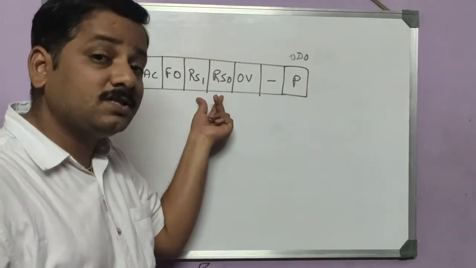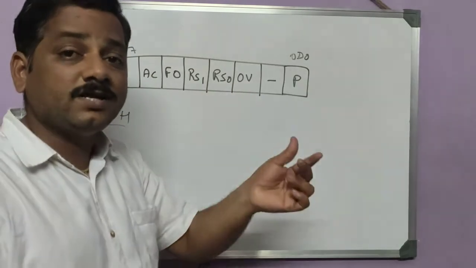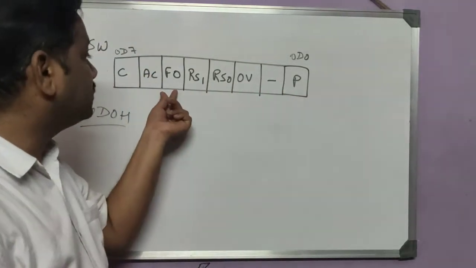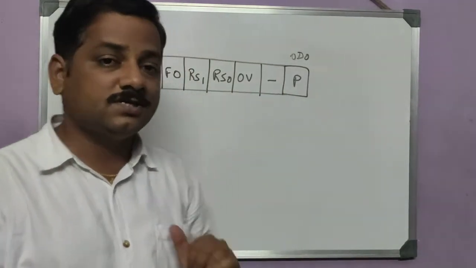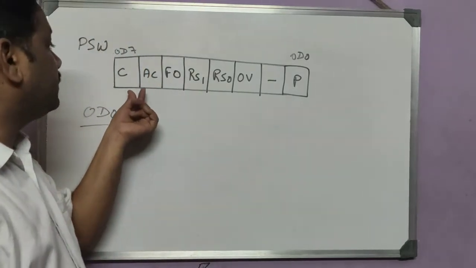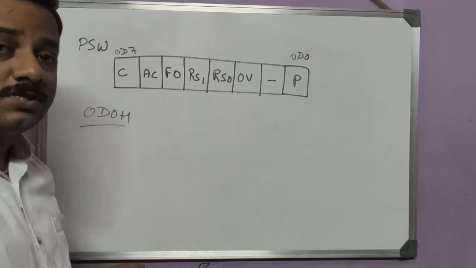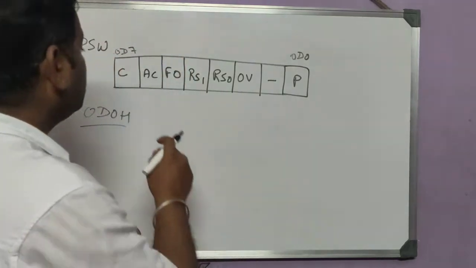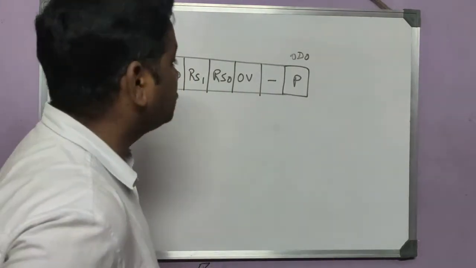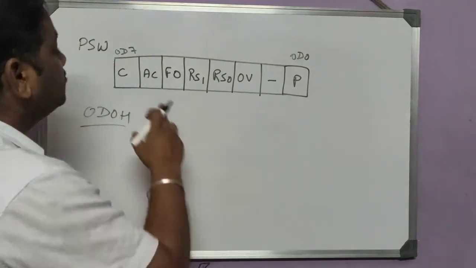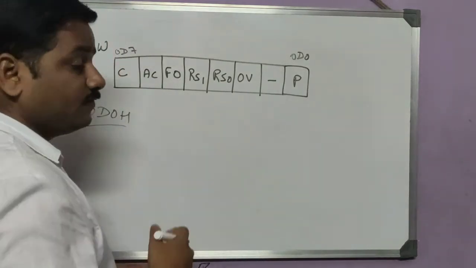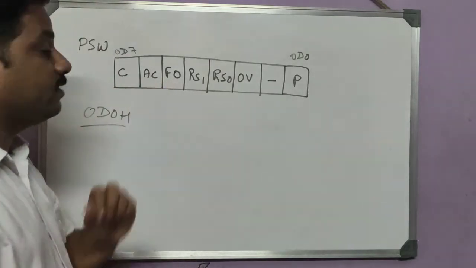These two are the bits used for setting the register bank, and this F0 flag is user defined. This is the auxiliary carry, and this is the carry. So this bit is going to talk about the carry. If there is any carry when we add numbers, this is going to become high. If you get any auxiliary carry, then this is going to become high.